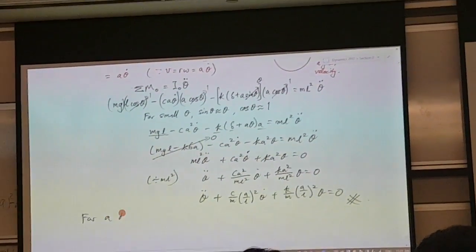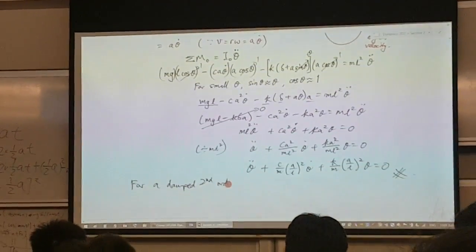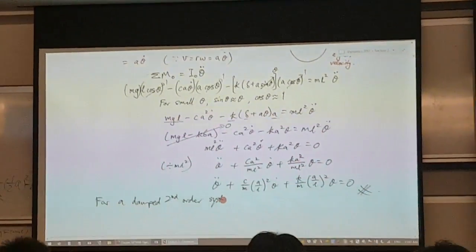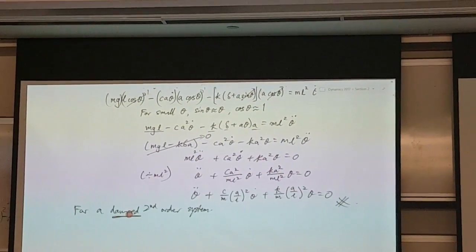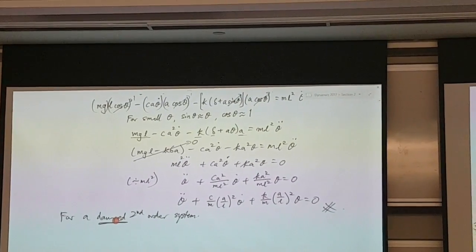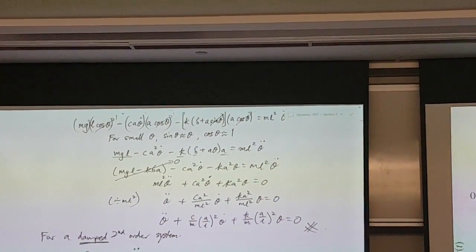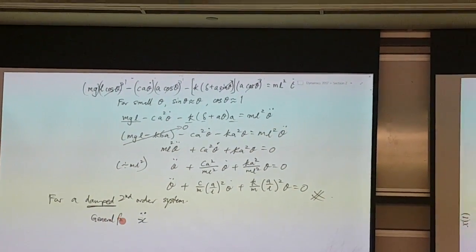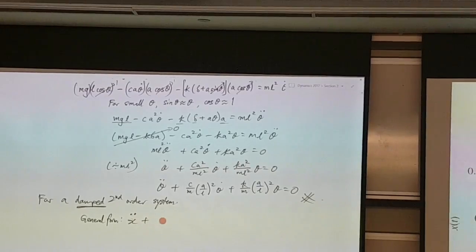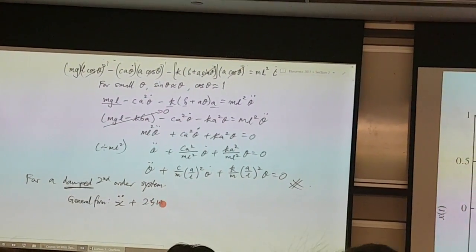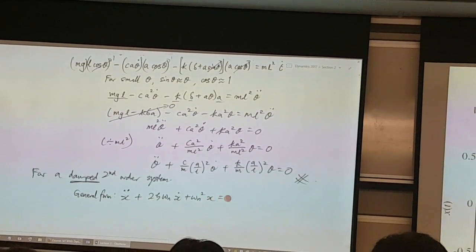Now, I know it's a damped second order system. Why do I know that it's damped? Because I can see in the figure that there's a damper. We know its general form, from your data sheet, is x double dot plus 2 zeta omega n x dot plus omega n squared x equal to 0.